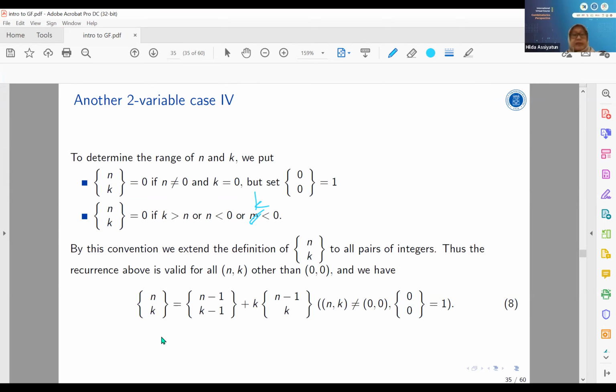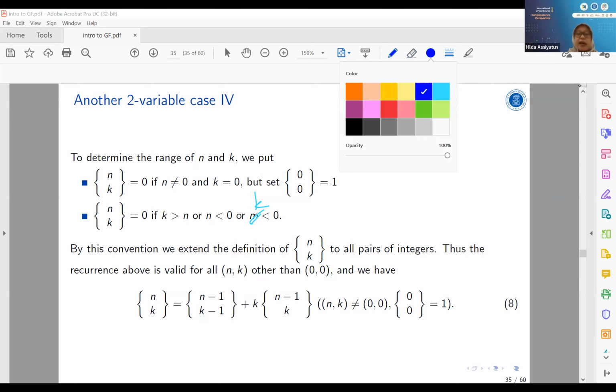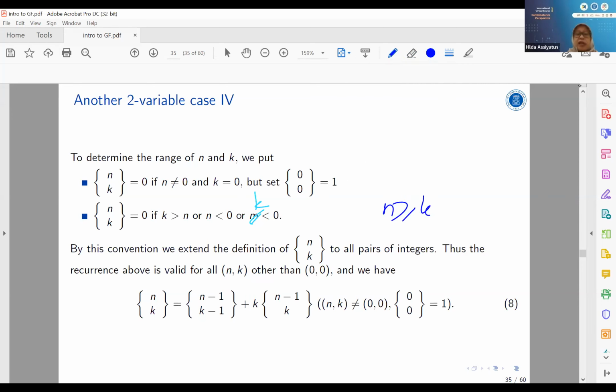Again, you should check that this is correct. The natural domain for this is n greater than or equal to k. This is the natural range.